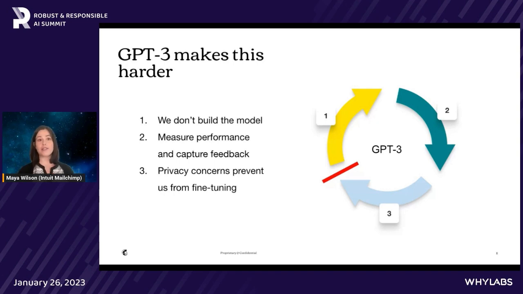We are able to measure performance and capture feedback, like I discussed, but privacy concerns actually prevent us from fine-tuning. We worry a lot about privacy and respecting our users' data at Intuit Mailchimp, and with fine-tuning at this point, we worry that it's going to risk data leakage, that one user's information is going to show up in the generated text of another. So we are not doing this.